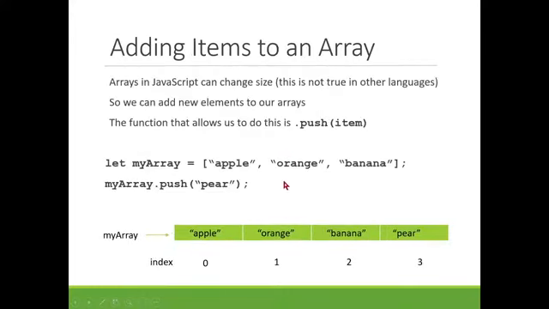If we want to add new items to an array, we can use .push. This will add a new element to the end of an array. So if we start with the array apple, orange, and banana, you put the value that you want to push on, and that's added at the end, in this case at index 3.